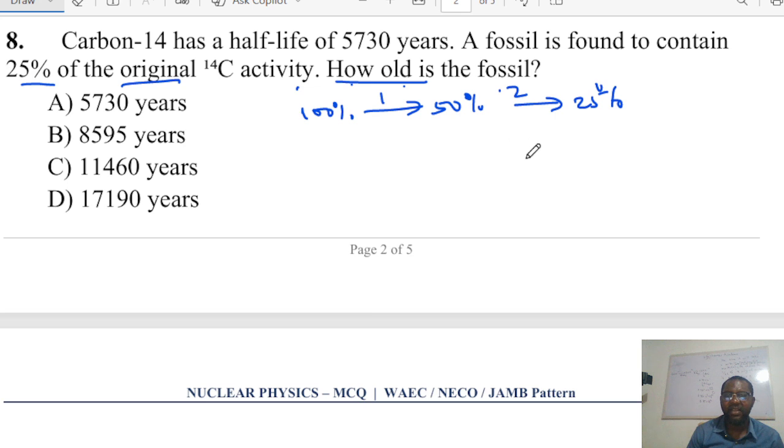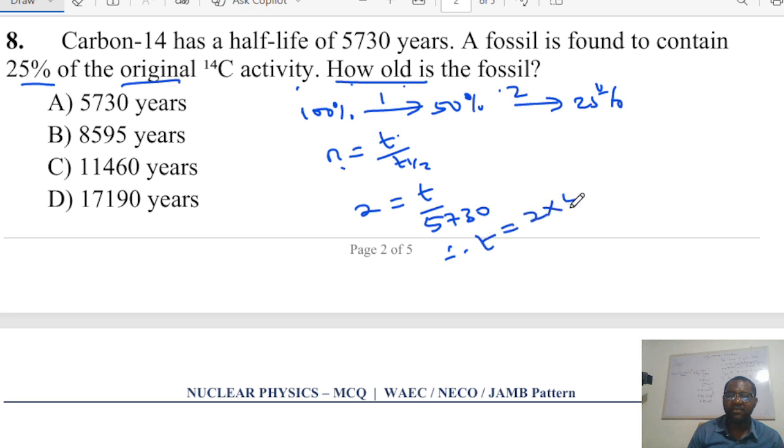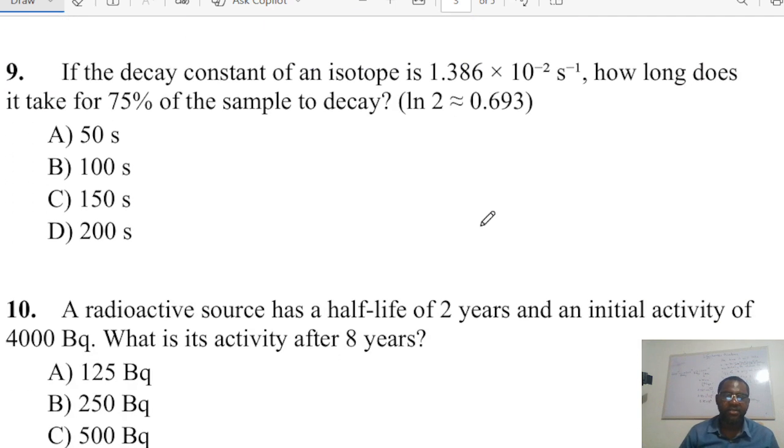Since the number of half-lives is equal to the total time over the half-life, the total time is what we are looking for, and the half-life is 5,730. So T is going to be 2 times 5,730, and that is going to give us 11,460.